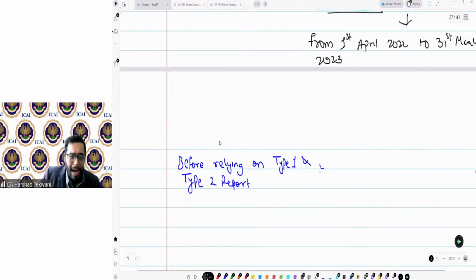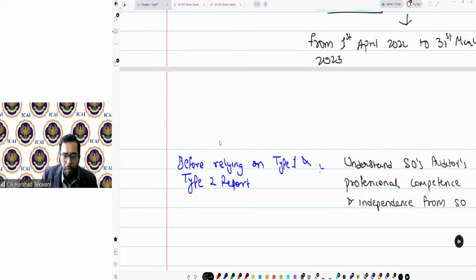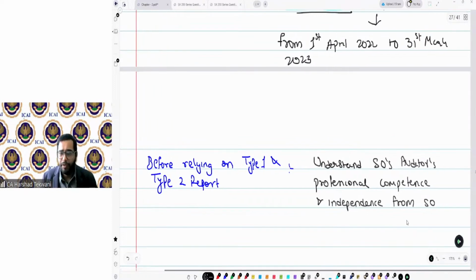Number 1, understand the service organization's auditor's professional competency, like except when he's a CA of ICAI, and its independence requirement. So I will understand the service organization's auditor's professional competency and its independence from the service organization.